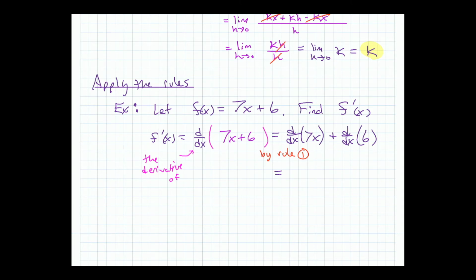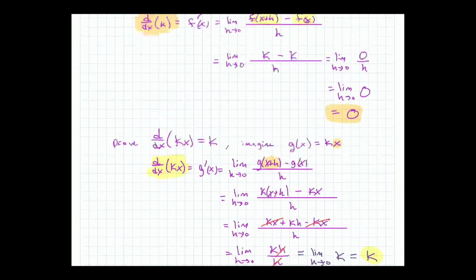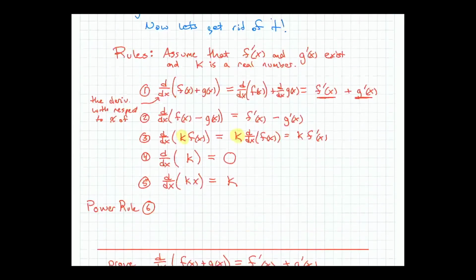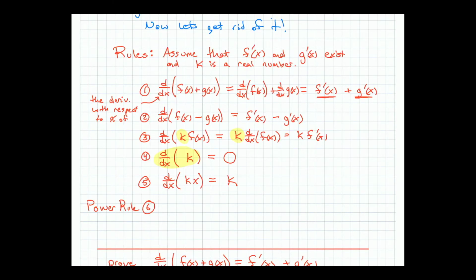Now, we want to evaluate those two derivatives separately. So we want to evaluate the derivative of 7x. Well, how are you going to do the derivative of 7x? That's this one, right? What's the derivative of kx? Just k.